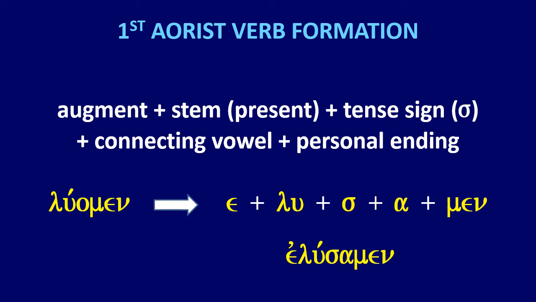Now, most verbs, like let's take our example that we've been using throughout this course for luo, I loose, the present tense lexical form luo, when it is used in the aorist tense, it's always going to be a first aorist. It does not have a second aorist form. But there are some verbs that occur with 2 different spellings for the aorist. They may have both a first aorist and a second aorist spelling.